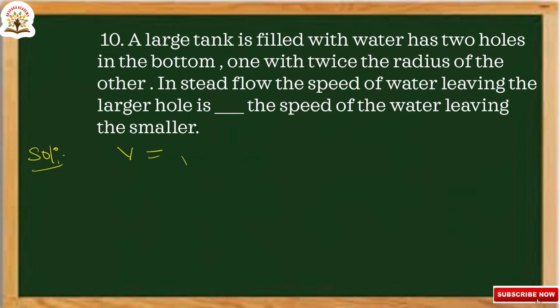V is equal to root 2gH. V is proportional to root H. Here the speed of efflux does not depend on the radius.